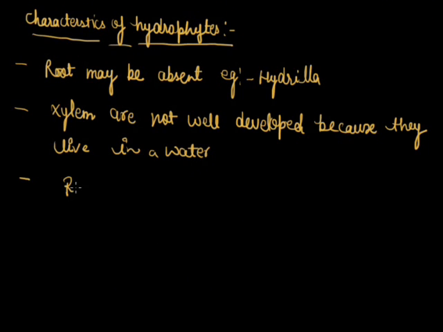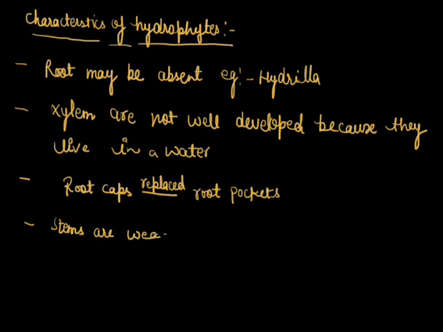Root caps are replaced by root pockets. Stems are weak. The conductive tissue, xylem and phloem, are also poorly developed. And the submerged plants have no stomata.